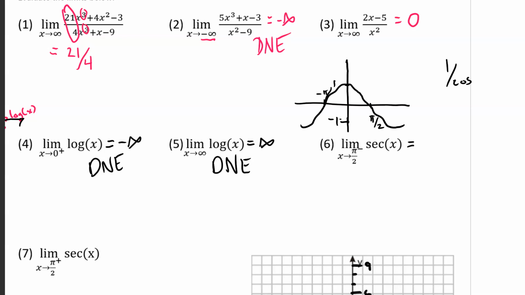Oof, this is tough. I should do this in a different color. Our secant graph has asymptotes where cosine is 0, and then looks like parabolas.